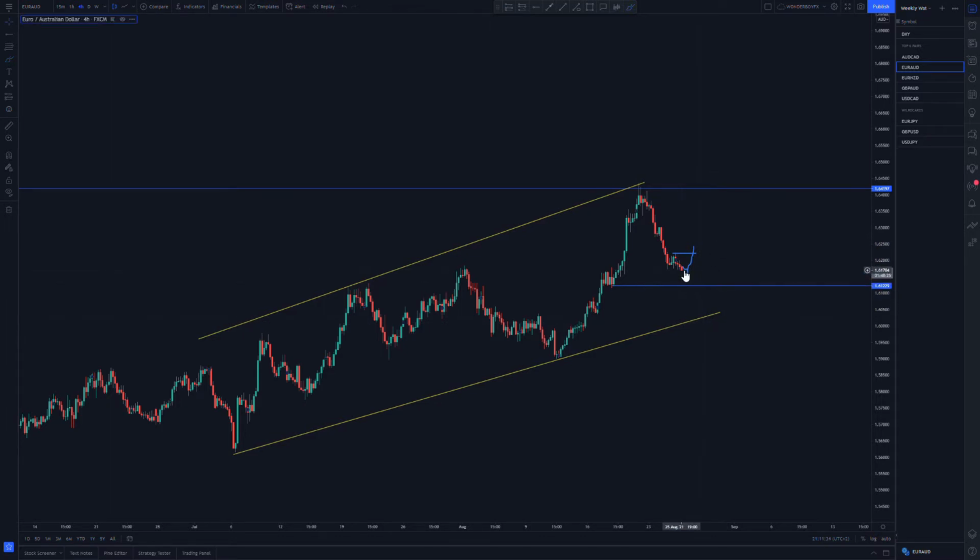But if price is gonna continue to push, as you can see, still pushing to the downside, then I'll wait to see if we do break this low. Then I'll see if there's gonna be a structure that is forming, and then take it to the downside.